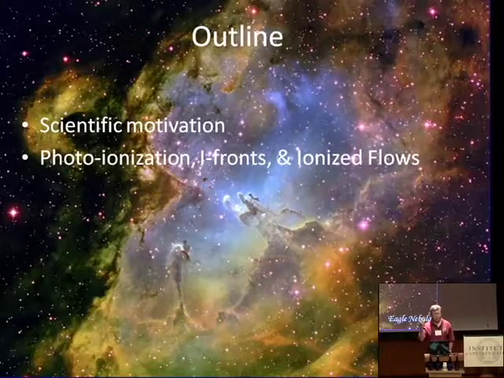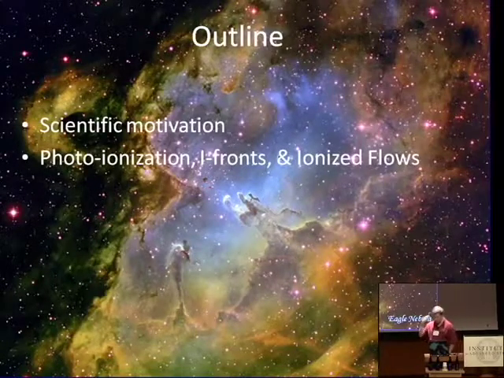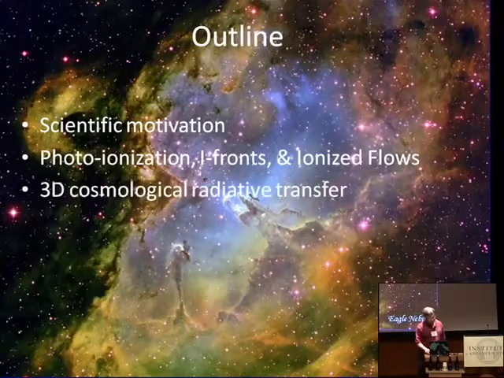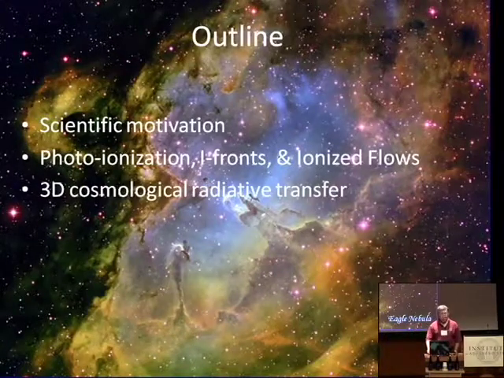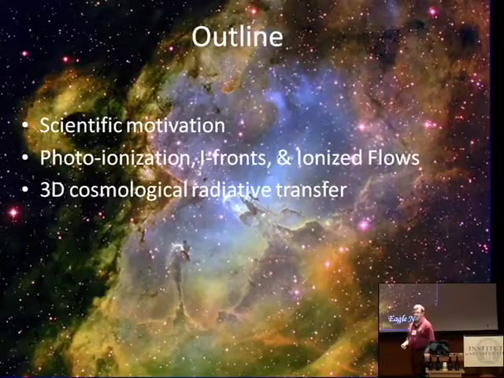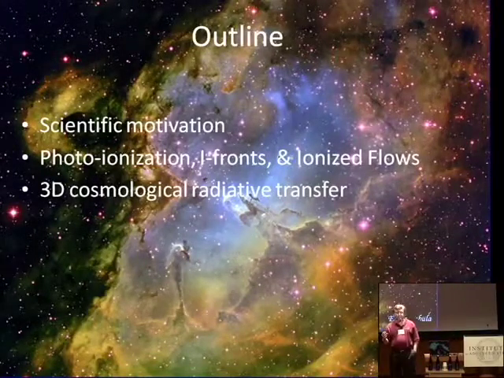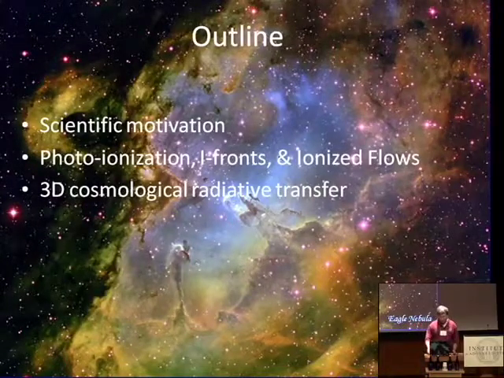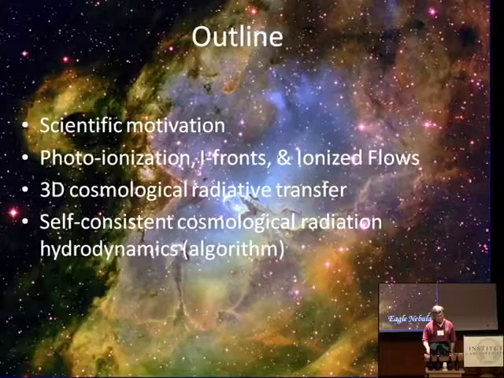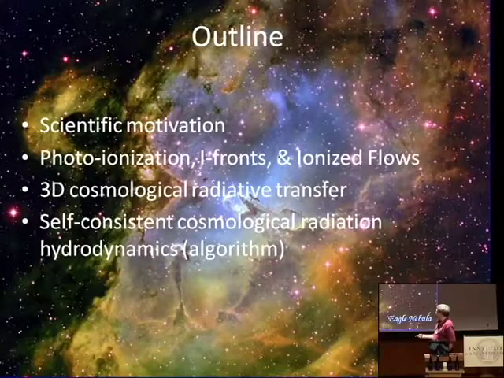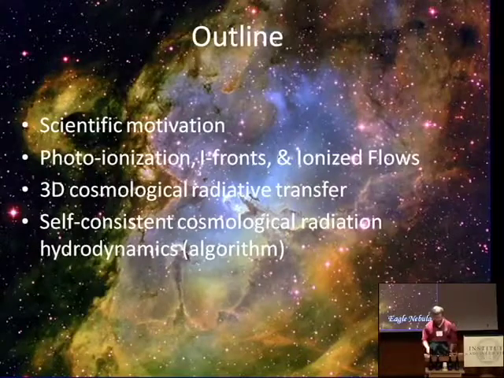I want you to have that in your mind when you start thinking about ionizing the universe. And then I'll talk about some of the methods that have been developed for 3D radiative transfer in cosmology. Obviously, the transfer has to be done in 3D because the universe has no obvious symmetries. And then I'll get to our algorithm, which provides the title of this talk.